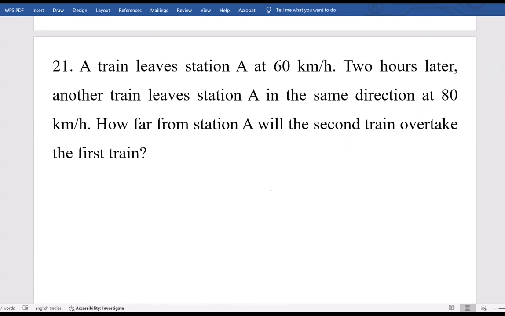Now, what about this one? Time and distance, problems on trains.